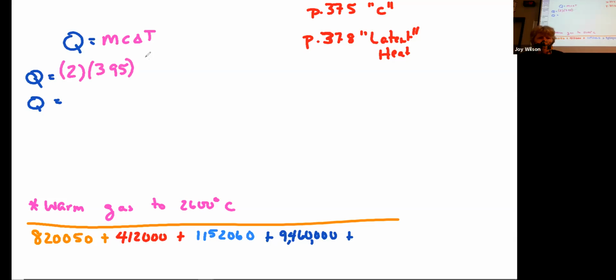Let's go with 395. Temperature would be 2600 minus 2562. Was it 62? Yeah. Okay. I'm going to check that copper one real quick.